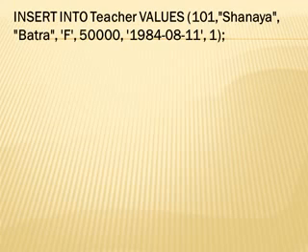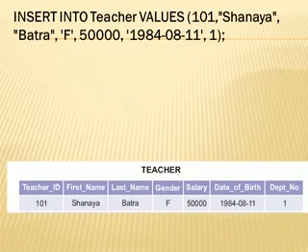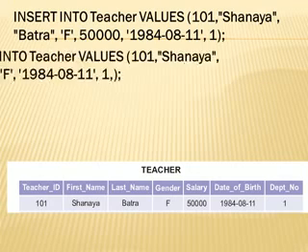Then comma, date of birth, and comma, the department id is 1. So as soon as you insert it, this is the table that you get. That is, the teacher id is there, first name is there, last name, gender is there as f, salary, date of birth, and department number as 1.